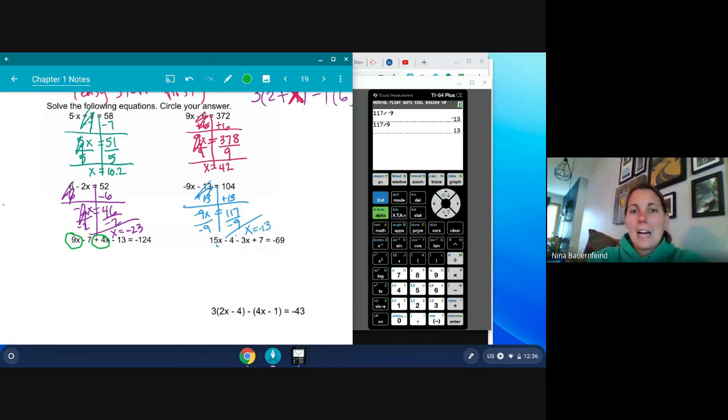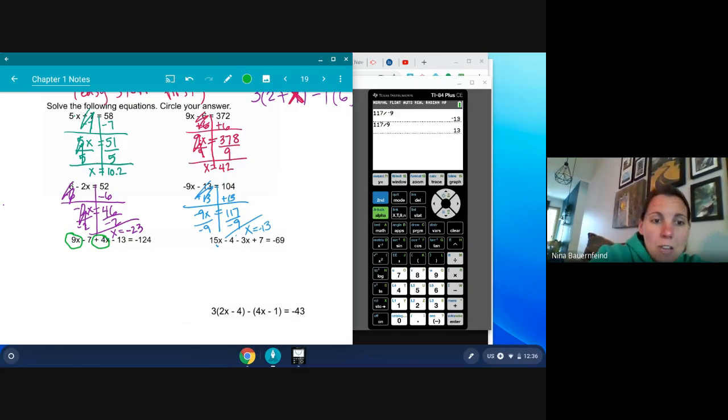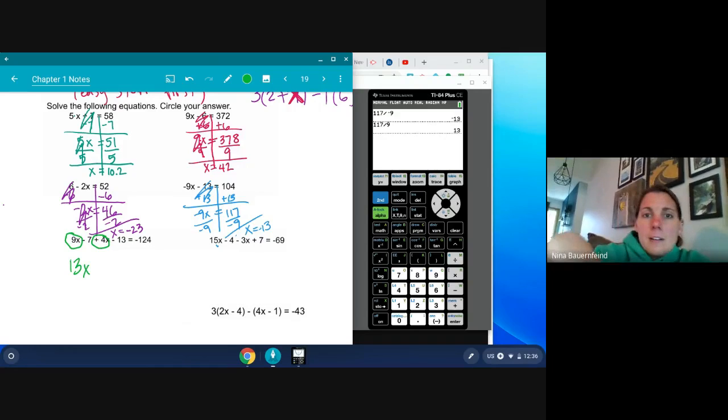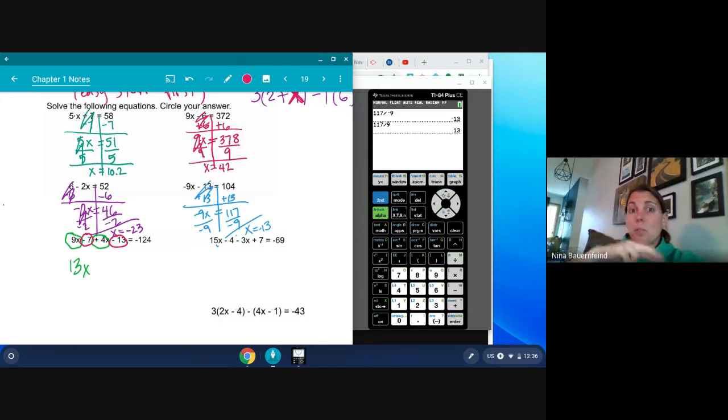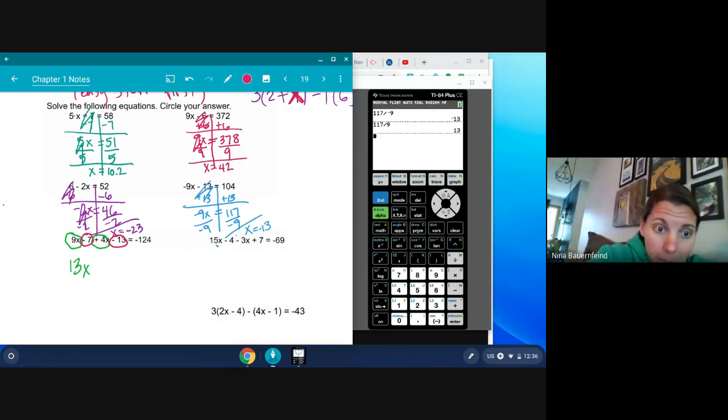So with that 9, there's nothing there. That means it's positive. And then the 4x has a plus sign in front, so that means it's also positive. So that's just a bunch of girls, 13x. Then if we look at this -7 and this -13, those are both negatives. So we just have a bunch of boys. Sorry, boys, you're negative.